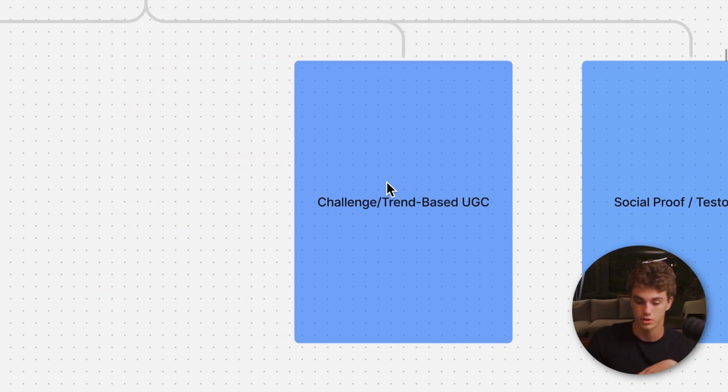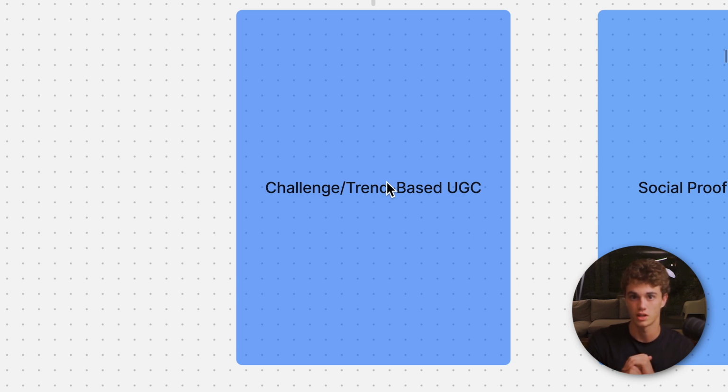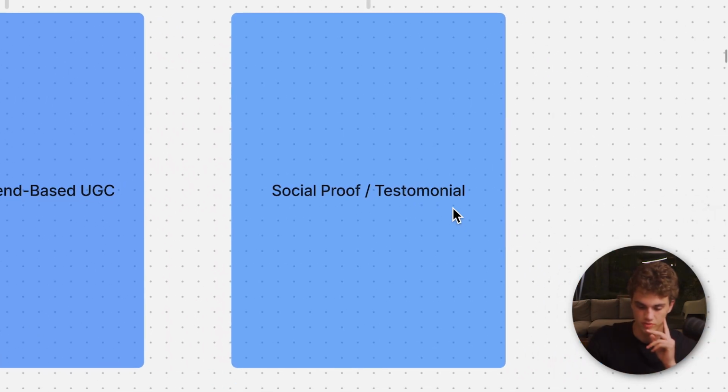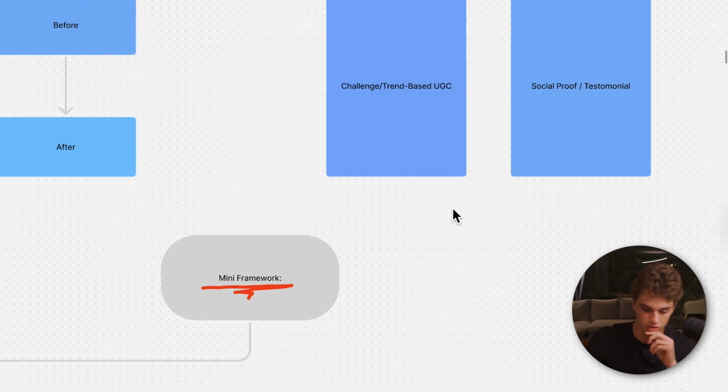So for example, product reviews, all these kind of different ones that a ton of people do online. Definitely on platforms like TikTok, Instagram are extremely popular. And then also ones with social proof, like testimonials, literally showing how useful the product is and how people have used it in the past to make a good result for themselves.